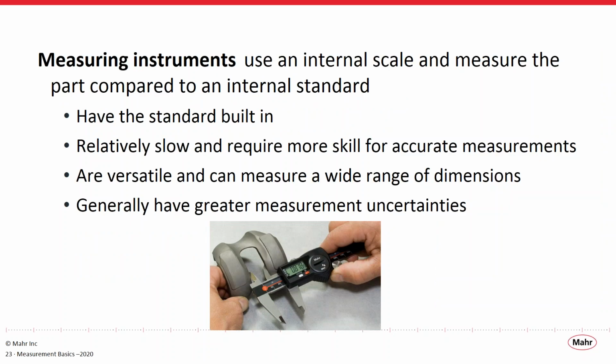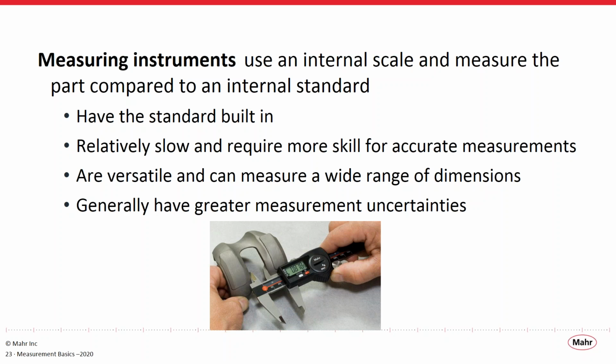So measuring instruments use an internal scale, and we use that to measure the part, compare it to that internal standard. The scale is the internal standard. So the scale is built in because it's very versatile.